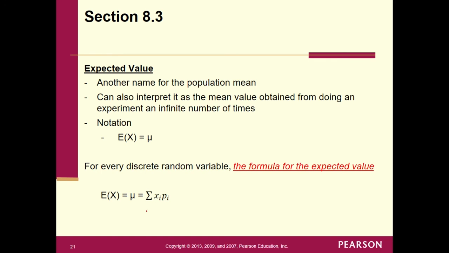It's a summation of all your x's multiplied by their corresponding probabilities. After we multiply the x's times the p's, we sum them. This little p stands for the corresponding probabilities that are associated with those little x's.